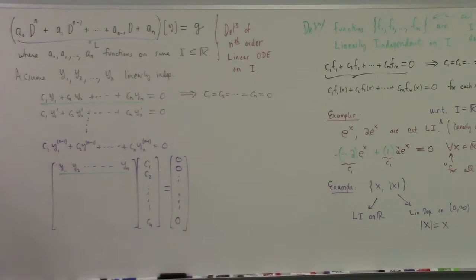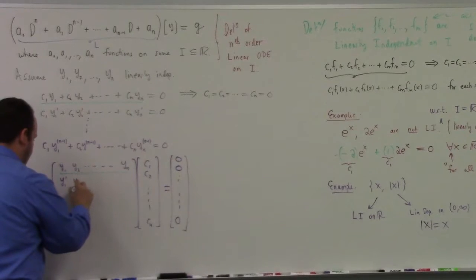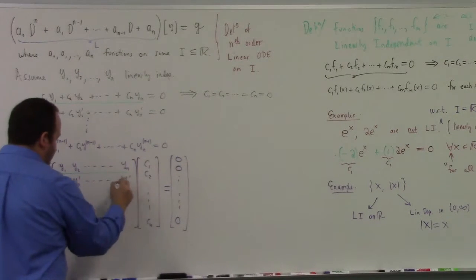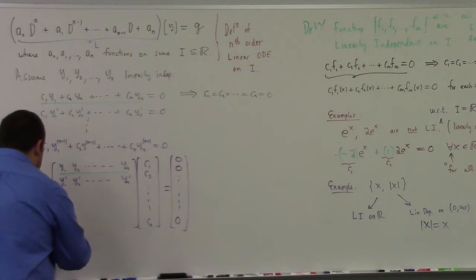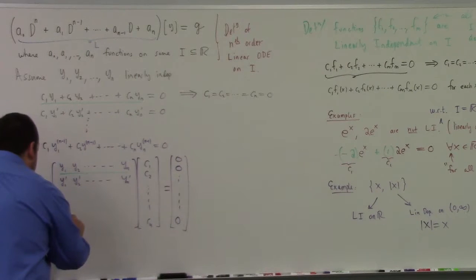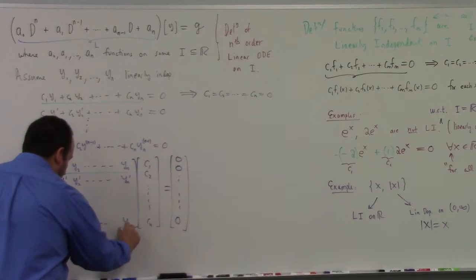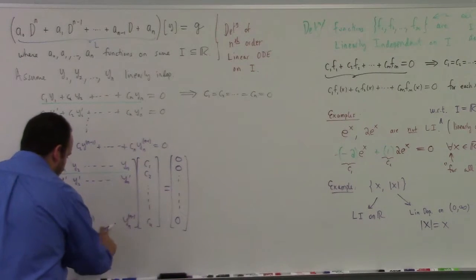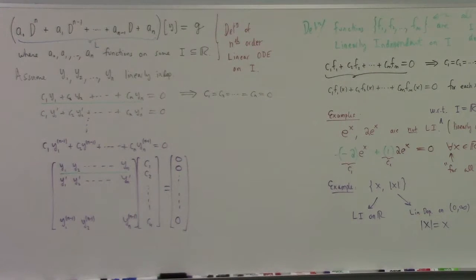The second row, y1 prime, y2 prime, yn prime. And you just keep going. The nth row, that's why I differentiated n minus 1 times, is so that I would have a square matrix here. So we get this square matrix of the functions and their derivatives.